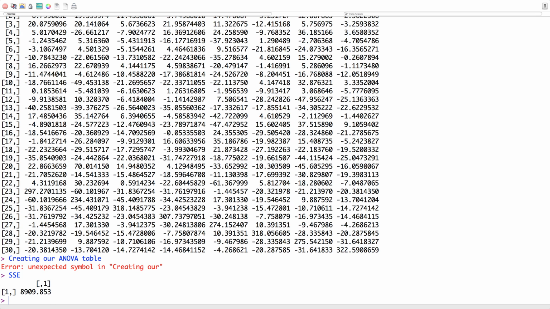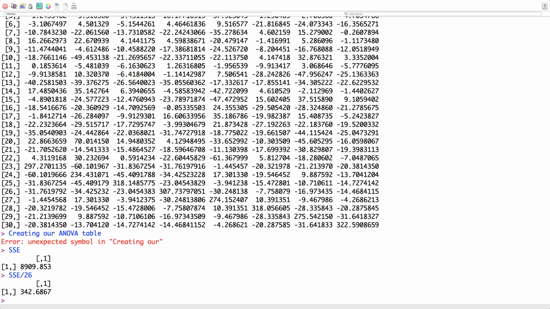So I'm going to make a note of that on the blackboard under sum of squares for the residual. We already know that the degrees of freedom for this were n minus p, or n minus k minus 1, and that is 26. When we take the sum of squares divided by 26, we get 342.7.